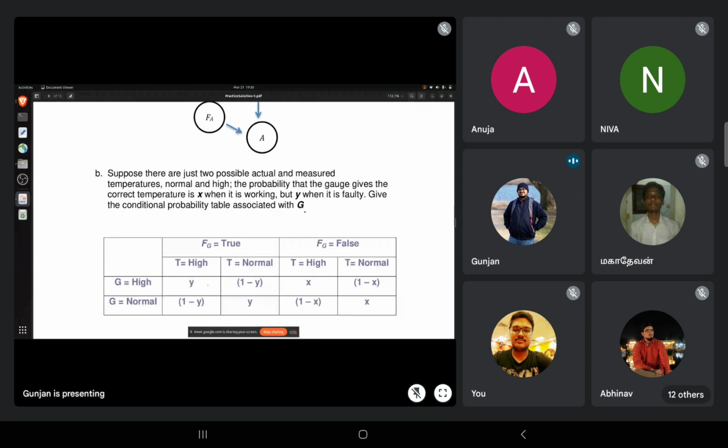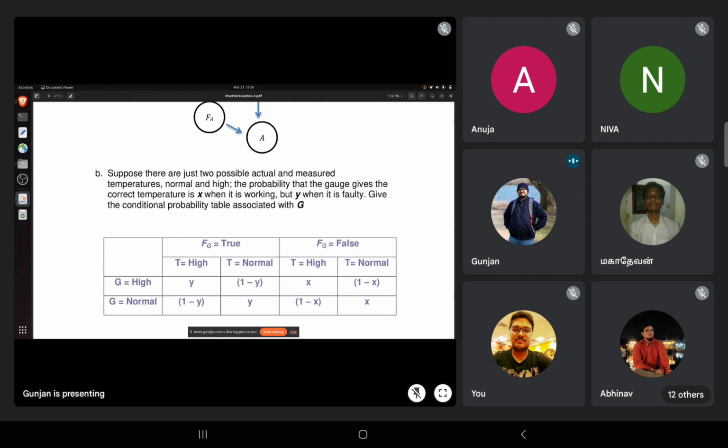And when temperature is normal, it is 1 minus Y. Sorry, Fg is the Boolean variable which tells you that the gauge is faulty.